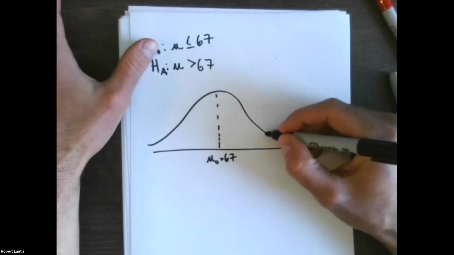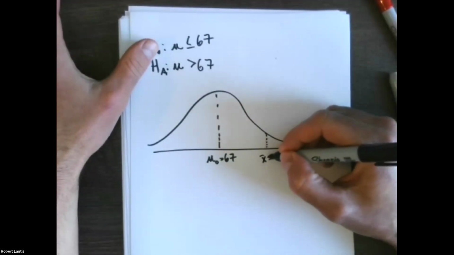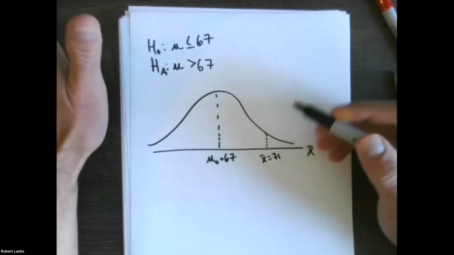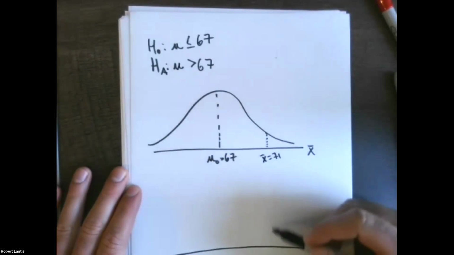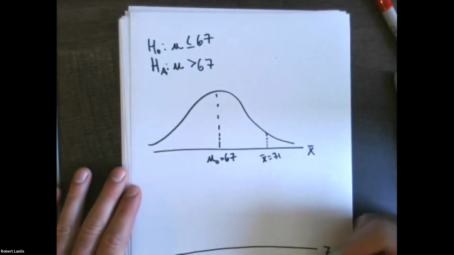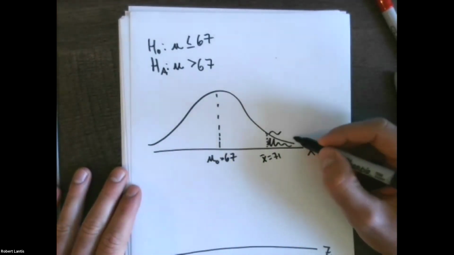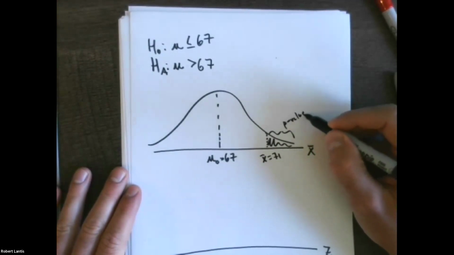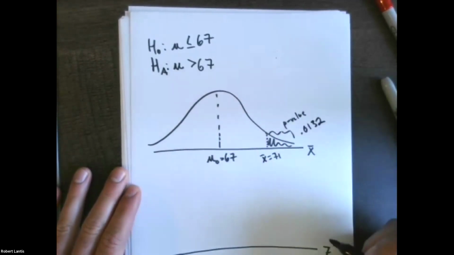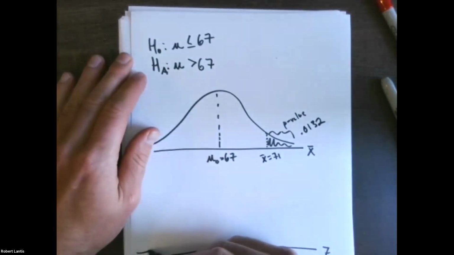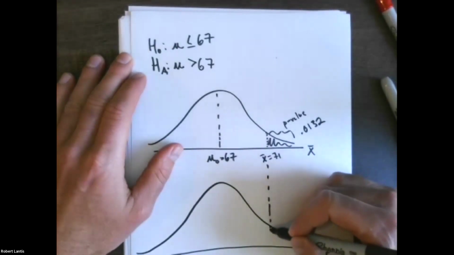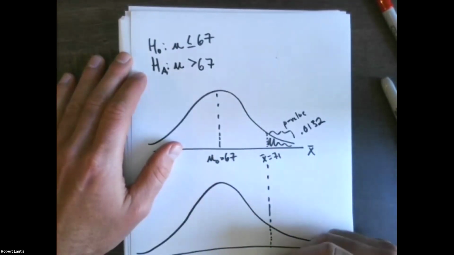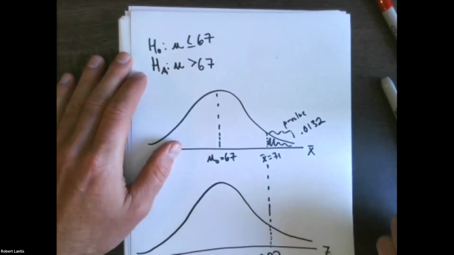I then found a sample mean of 71, right? We said, okay, I could turn that into a test statistic, find the area to the right, that would represent my p-value. I think when we did this, it was 0.0132, right? So I can kind of prove this to myself. I think this ends up being 2.22, right?